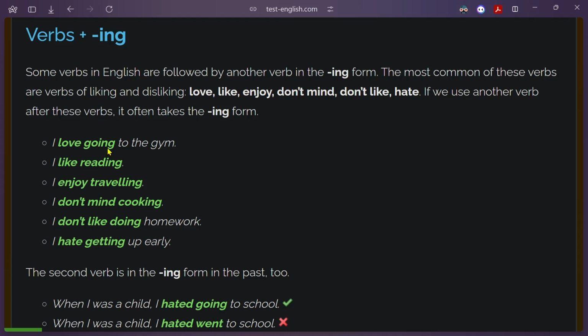I like reading. Yeah, you know there are gerunds and participles. It's too complicated. I'm very confused about the ing, right? Especially when speaking. Yeah, we haven't studied much.